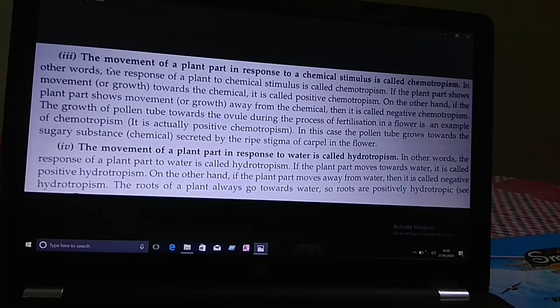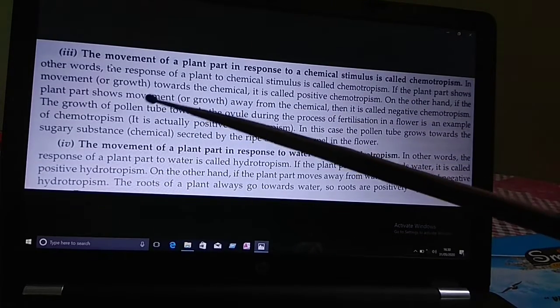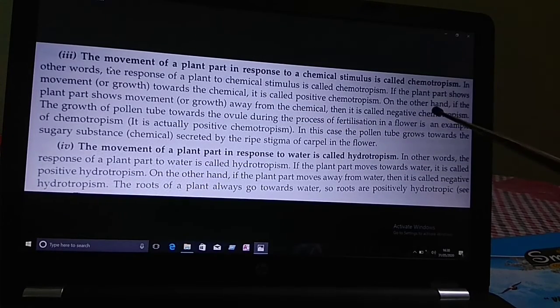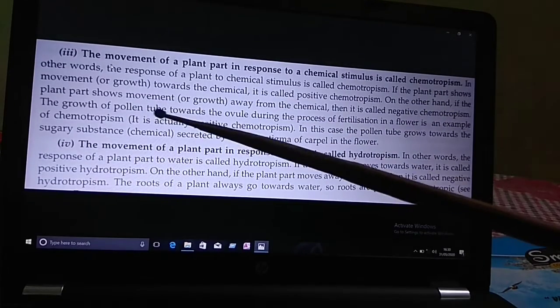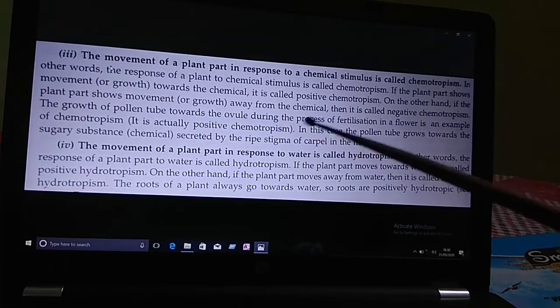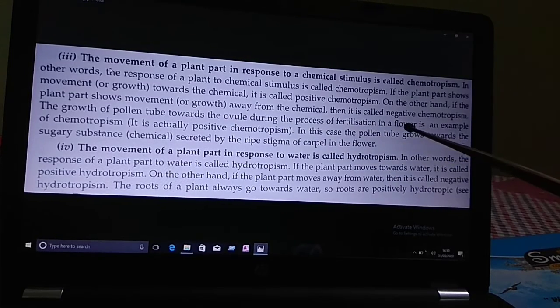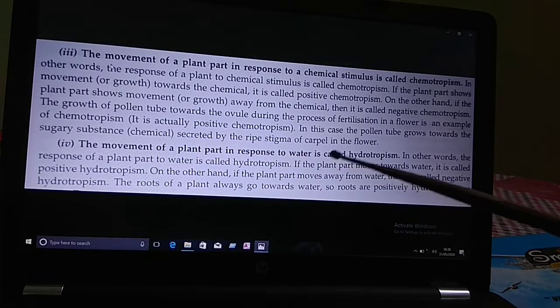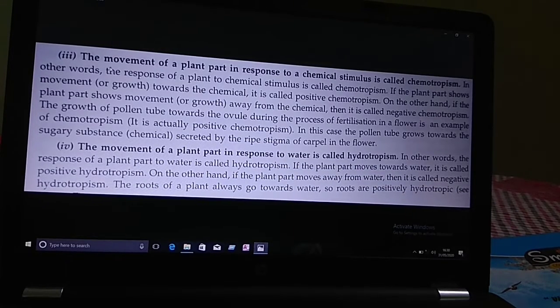On the other hand, if the plant part shows movement away from the chemical, it is called negative chemotropism. The growth of the pollen tube towards the ovule during fertilization in a flower is an example of chemotropism.